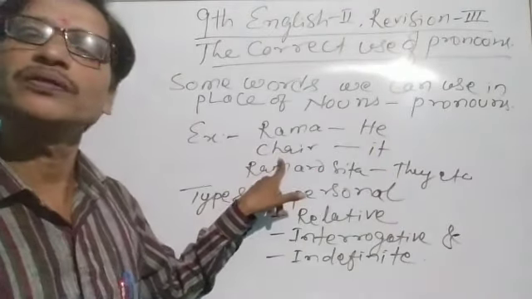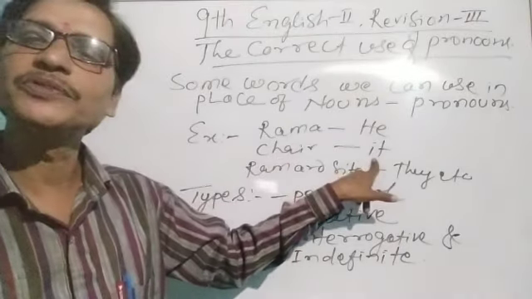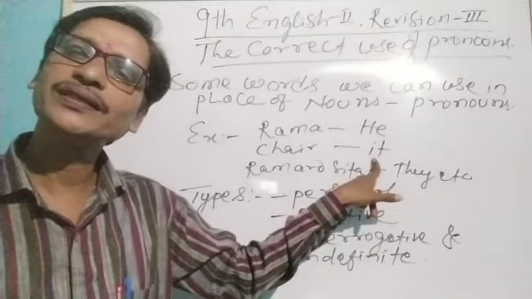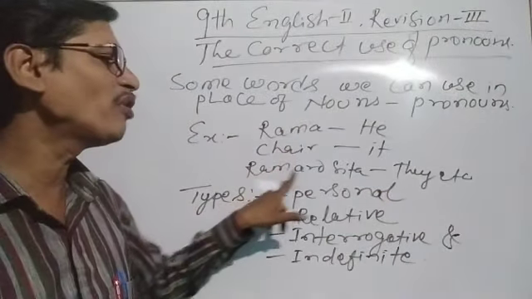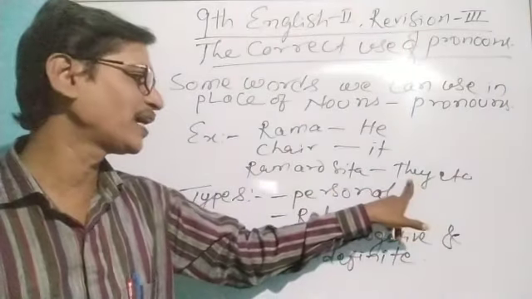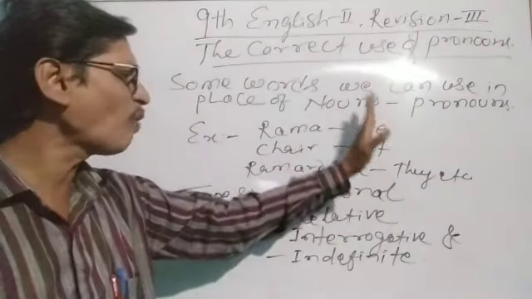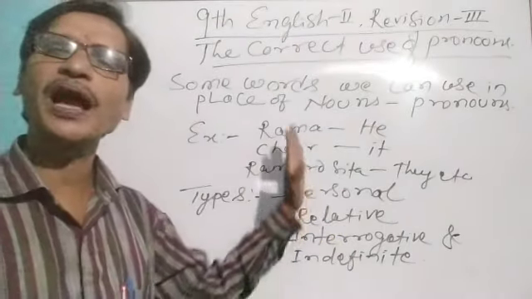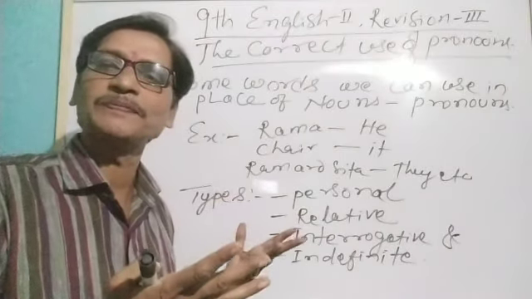Similarly, when we want to write the noun chair, we can replace it with it. It is the pronoun for chair. Similarly, Rama and Sita can be replaced by they. So, they is the pronoun of Rama and Sita. Understand? So, some words we can use in place of nouns are called pronouns. This is the basic idea.